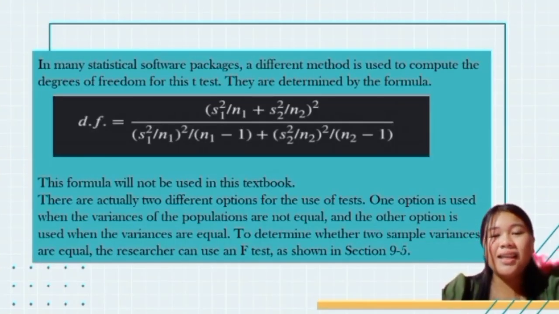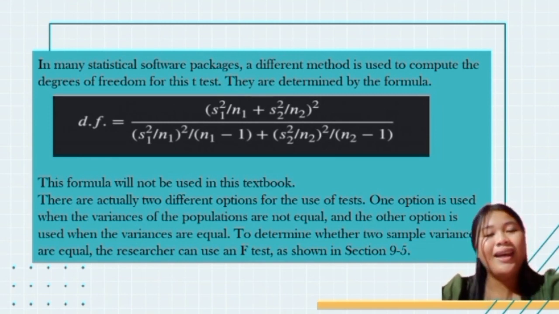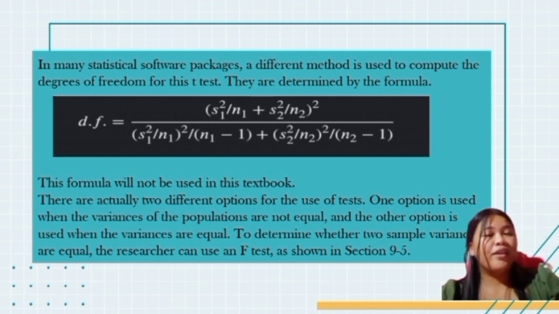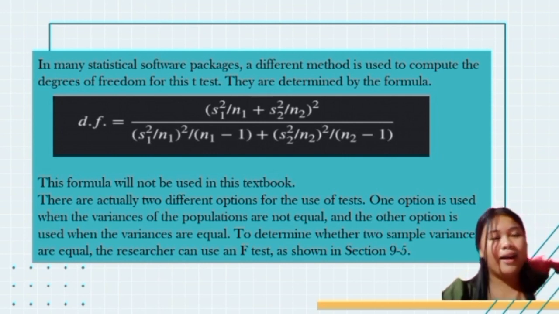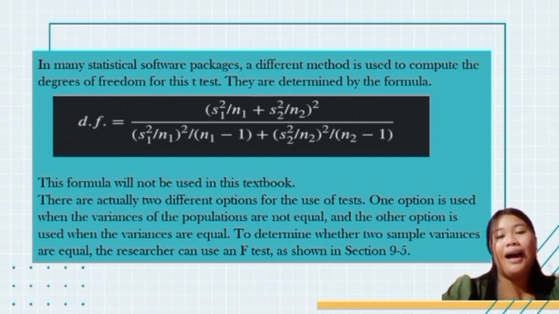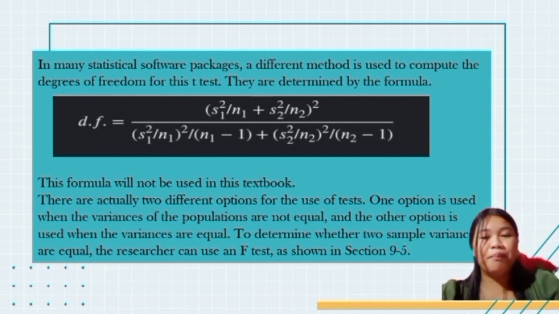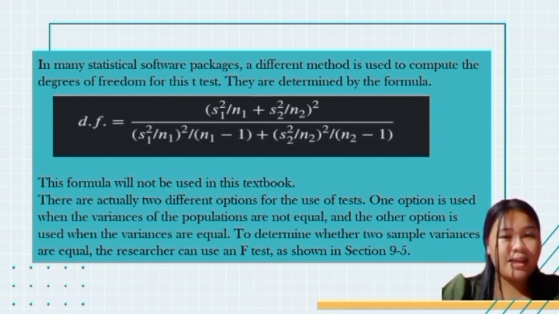In many statistical software packages, a different method is used to compute the degrees of freedom in this t-test. They are determined by a formula. This formula is not used in this textbook.